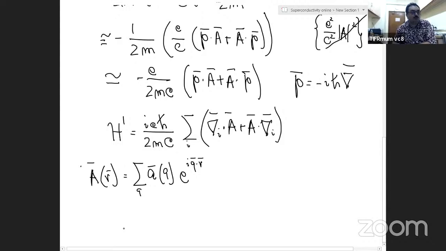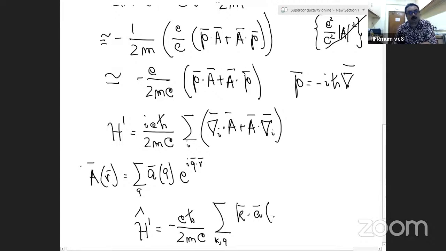And if you do this correctly, what you will get for H prime in the second quantized form, that is why I have the hat here, is e h-cross by twice mc, sum over k, q, k dot A q, and then c k plus q sigma dagger.